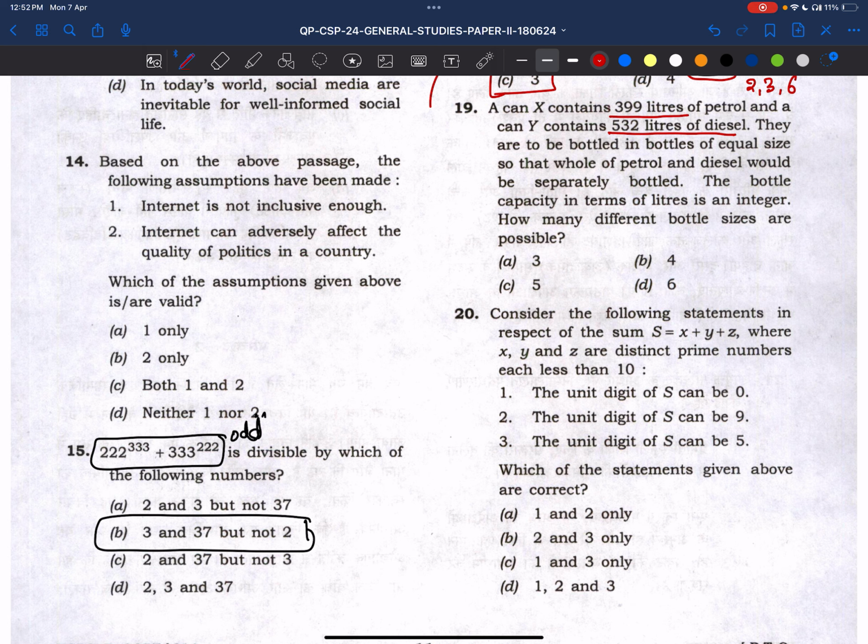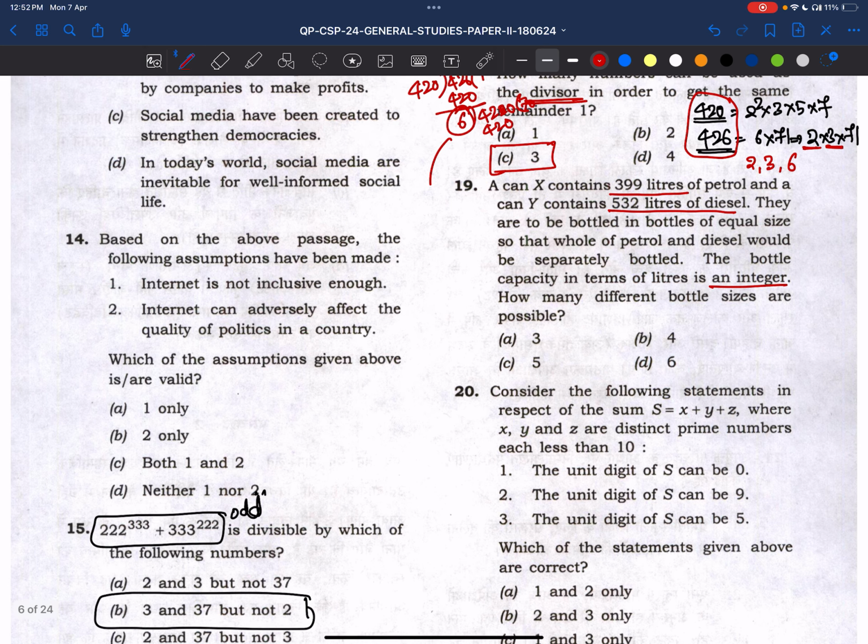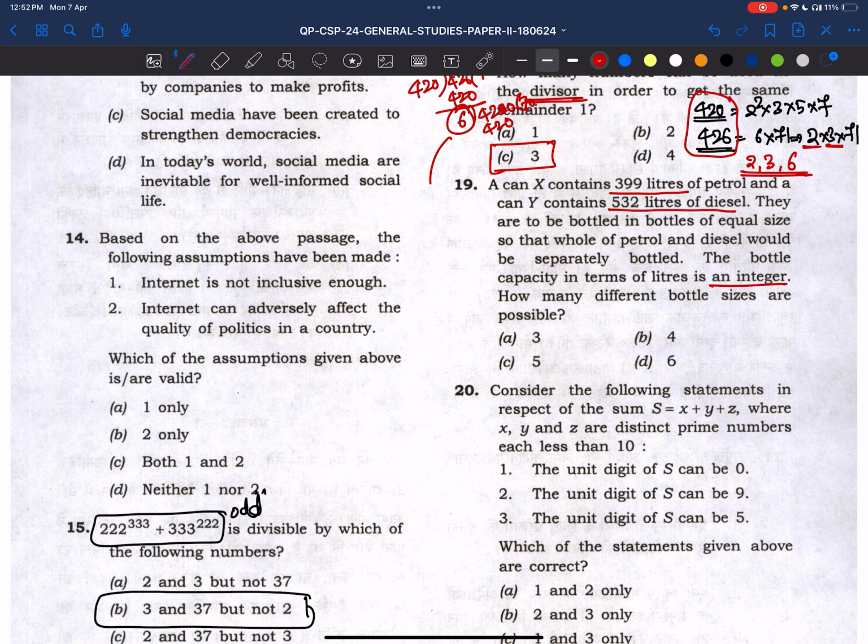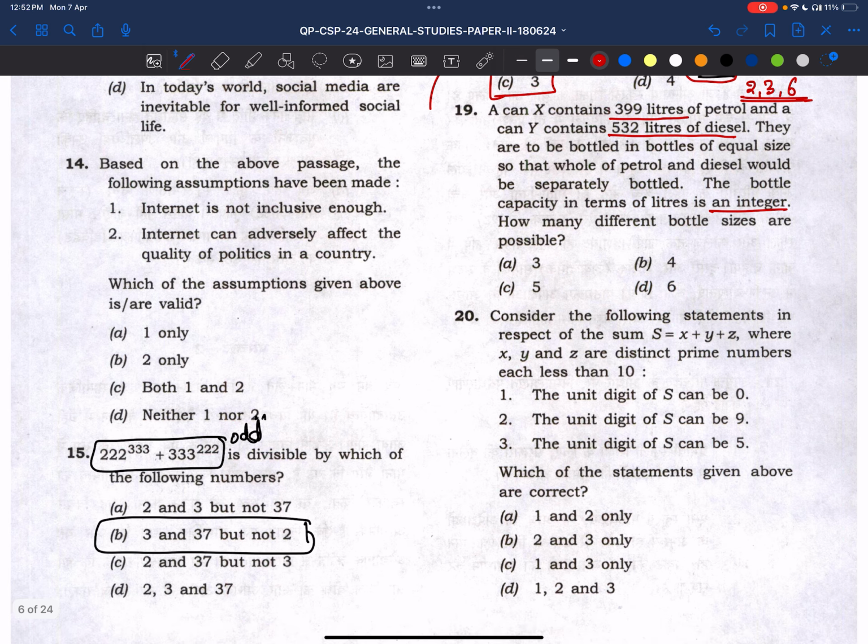The bottle capacity in terms of liters is an integer. It should be an integer. How many different bottle sizes are possible? That means common factors only is being asked. You see, 399 can be written as what? 3 into 133, right? You know, in the 19th table, 133 is 7 times 19. So 399 can be written as 3 into 7 into 19.